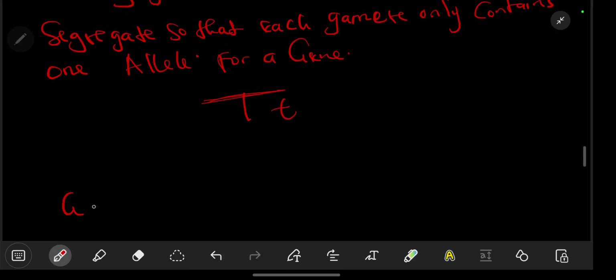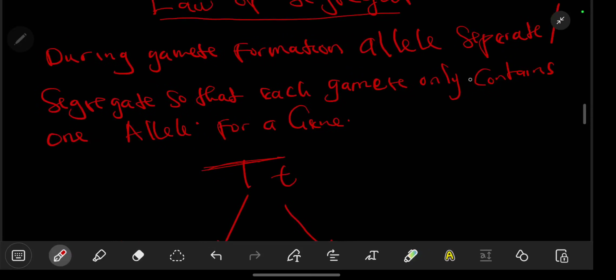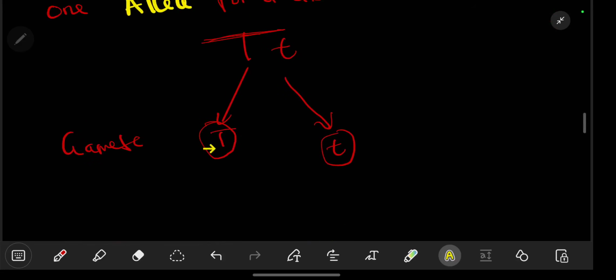Now, for you to form gametes, which have half the number of chromosomes, these alleles have to segregate or separate. So during gamete formation, alleles separate so that each gamete only contains one allele for a gene. This is basically what Mendel's first law talks about.